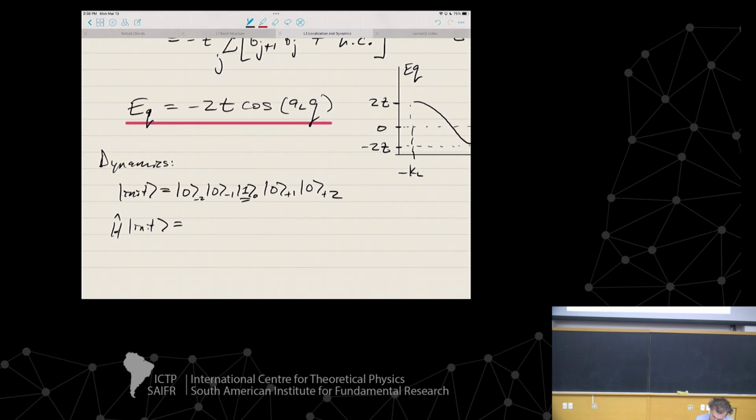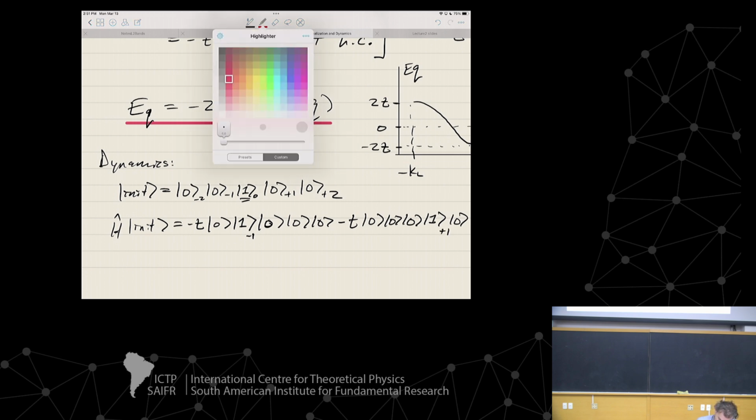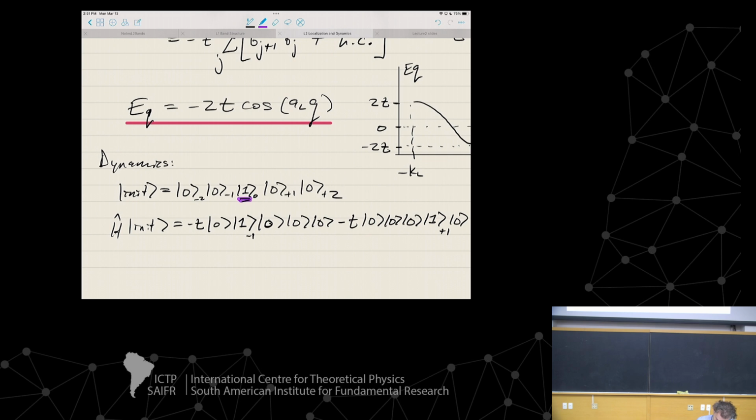What happens is that this atom can hop to its neighbors. So there's an energy T for us to have that one atom appear on the left. And there's also another possibility that I go to the right. Okay, and so either I go to the -1 state or I go to the +1 state when I started out in the 0 state.